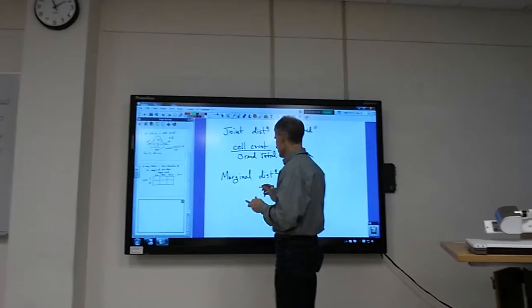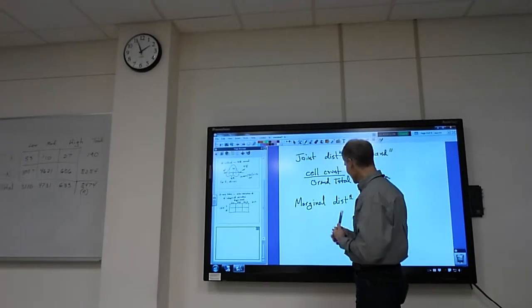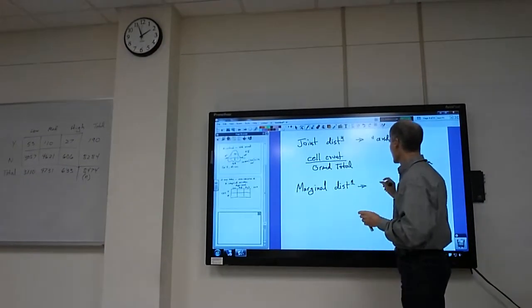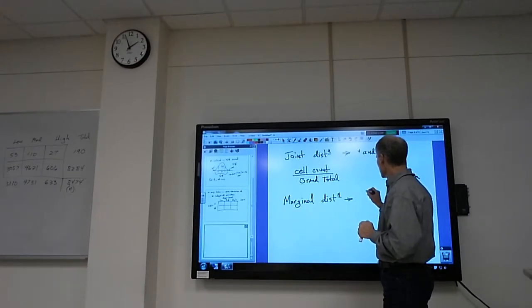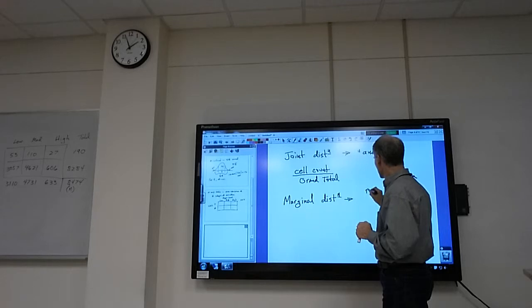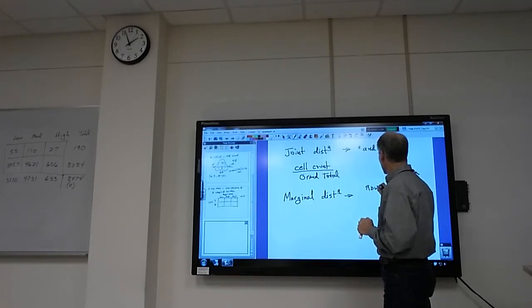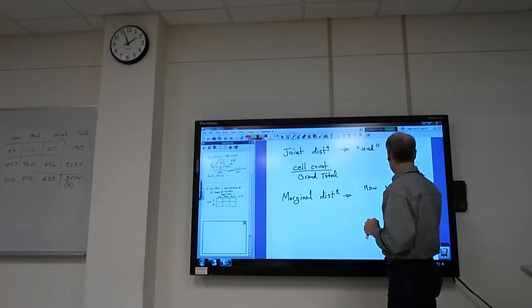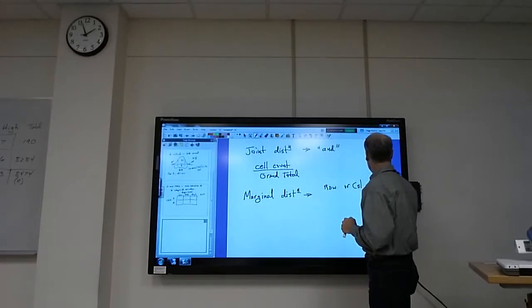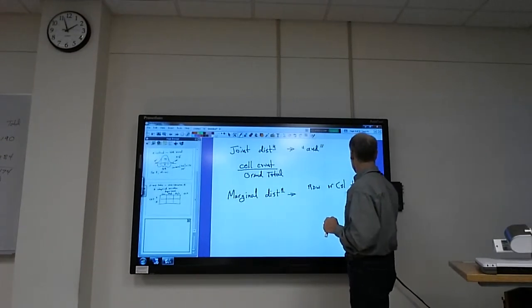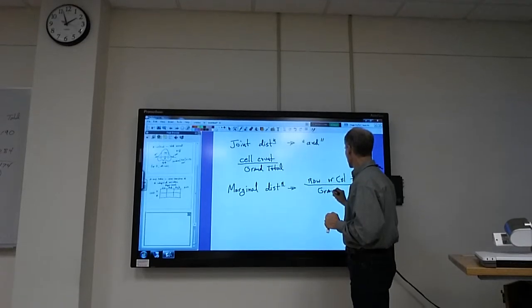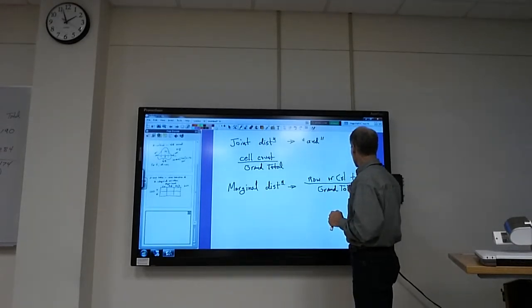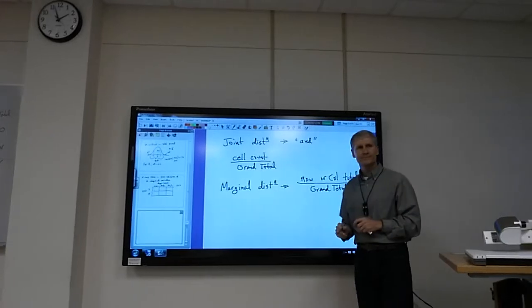Marginal totals are the row or column totals divided by grand total.